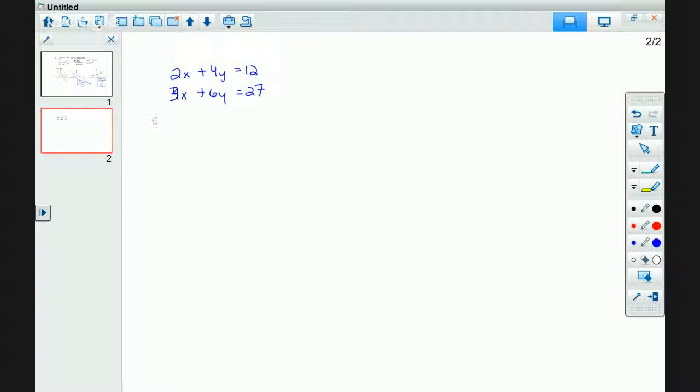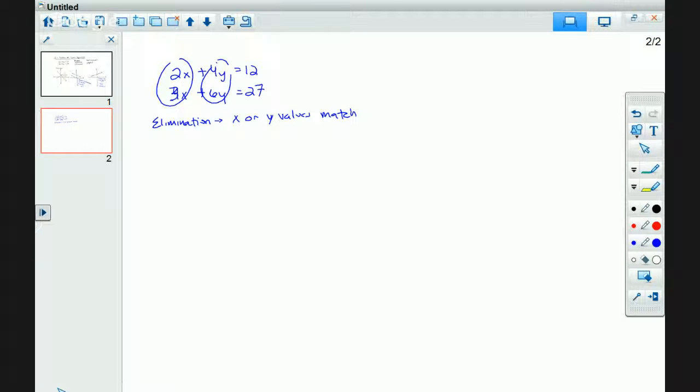For elimination, we want to force either one of these to match. Well, yeah, they will.